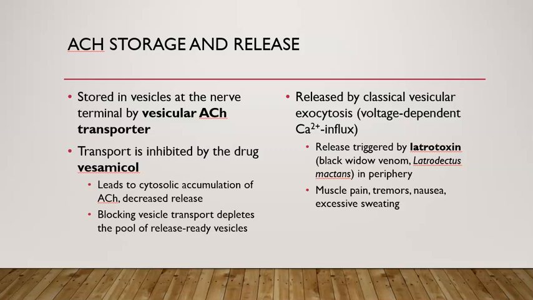It can cause paralysis, muscle pain, tremors, nausea, and excessive sweating. These are all symptoms in the peripheral nervous system, not the central nervous system. The reason it only acts on the peripheral nervous system is that latrotoxins are very large molecules, so they're too big to pass through the blood-brain barrier.